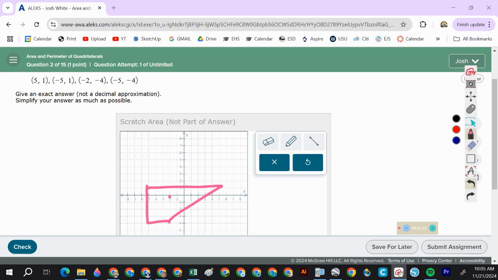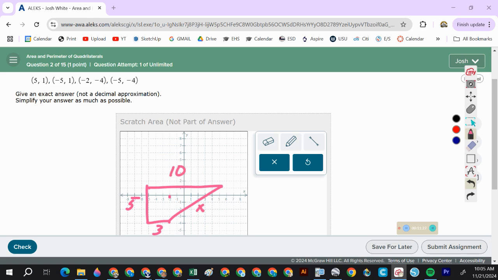I think I did that right. Okay. So this side is a 5, this side is a 3, this side is a 10, and I need to know what x is.